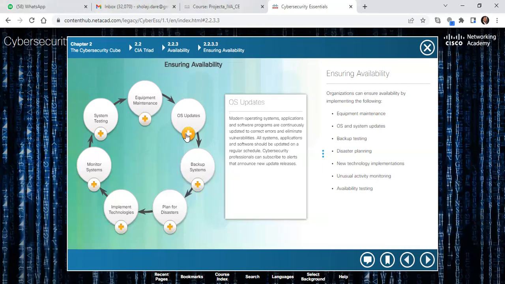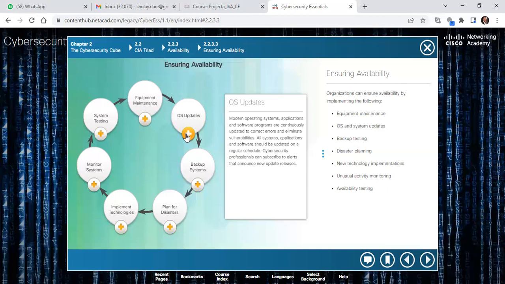You continuously update them to correct errors and eliminate vulnerabilities. All systems, applications, and software should be updated on a regular schedule. Cybersecurity professionals can subscribe to alerts that announce new updates. So as a cybersecurity person, make sure you subscribe to new software, antivirus, and all those things. It helps to keep up.